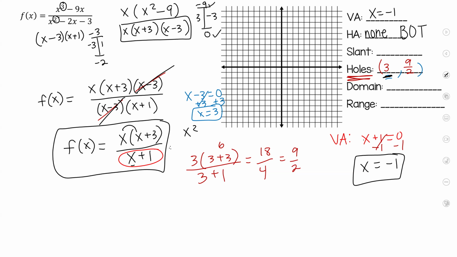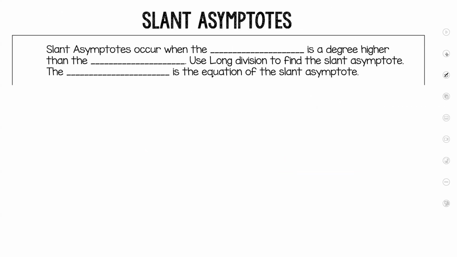Today, we're going to be introduced to slant asymptotes. Okay, so I'm going to pause here on this example and let's take some notes on slant asymptotes. Okay, so a slant asymptote occurs when the numerator is a degree higher than the denominator.